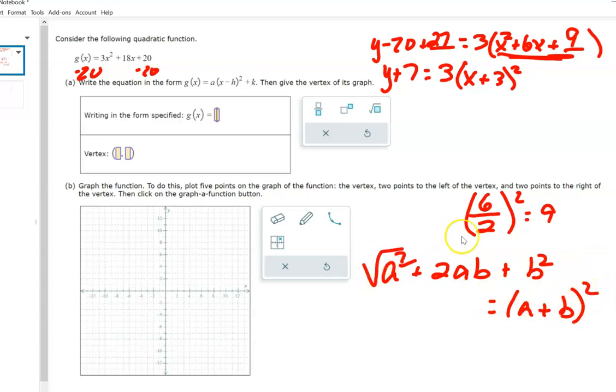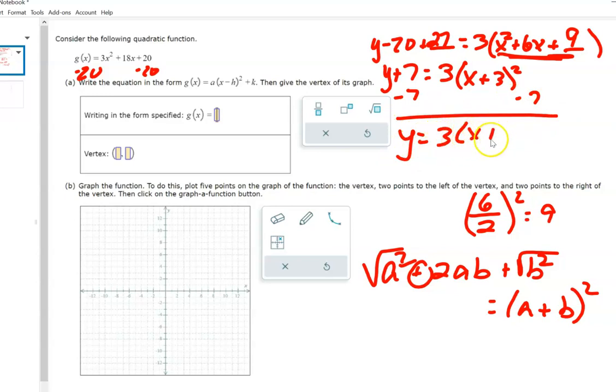So all I'm doing is finding the square root of this number, square root of this number, and using that symbol. Now all I have to do is subtract 7 on both sides, and now I have y equals 3 times x plus 3 squared minus 7. And that's my vertex form.